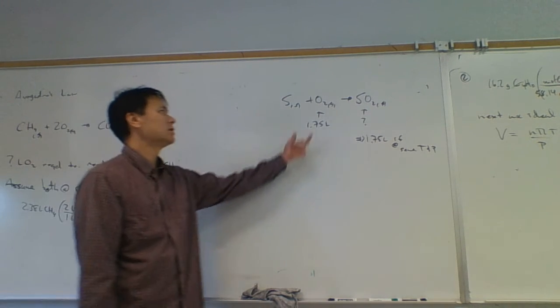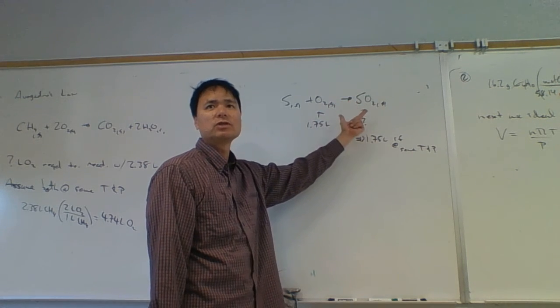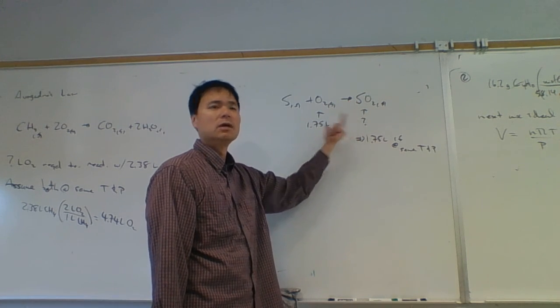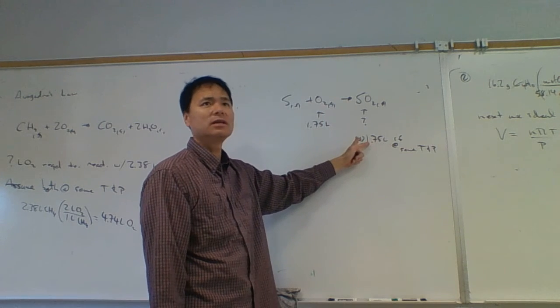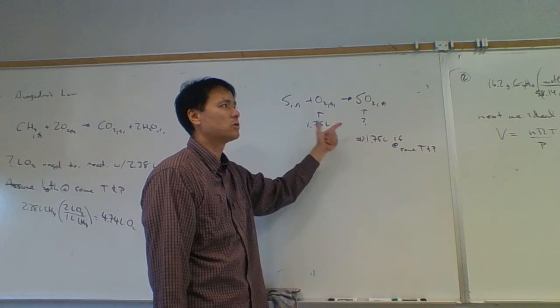If I burn this many moles, I'm going to form that many moles. This is a 1-to-1 mole ratio or 1-to-1 volume ratio. And so 1.75 liters of this is going to lead to 1.75 liters of this, as long as the temperature and the pressure are the same.